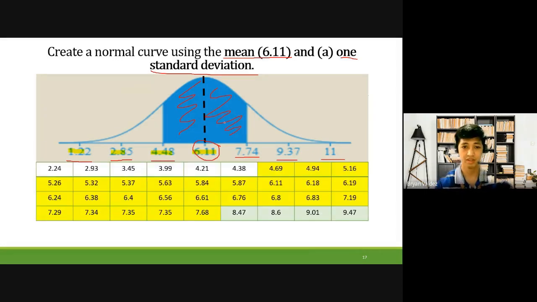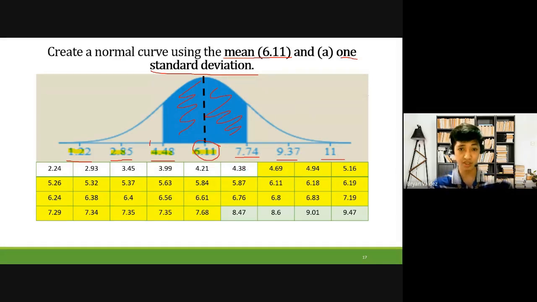Okay? Ayan. So, ano yung mga data o ilan yung frequency ng data under the normal curve. So, i-analyze natin from 4.48, ito yung mga data natin. So, saan tayo magsisimula? Is 4.38 included in 4.48? I don't think so, no? So, 4.38 is somewhere here. So, hindi siya kailangan included dun sa data.